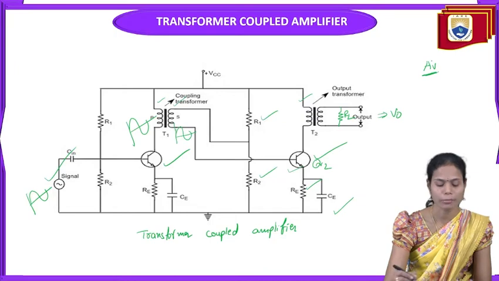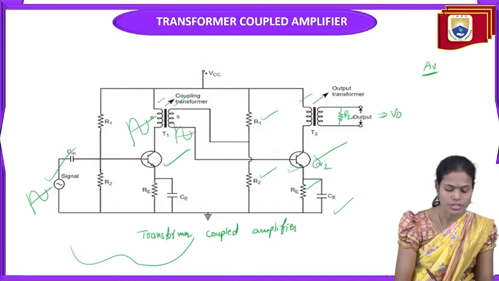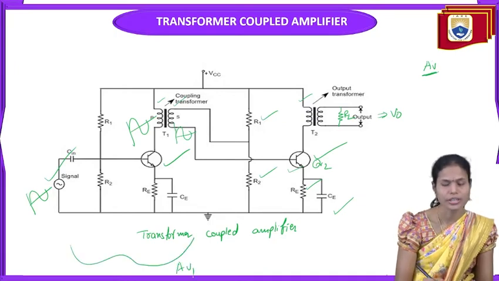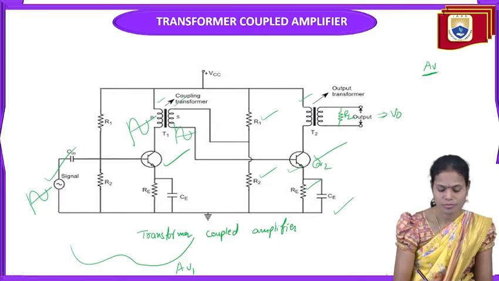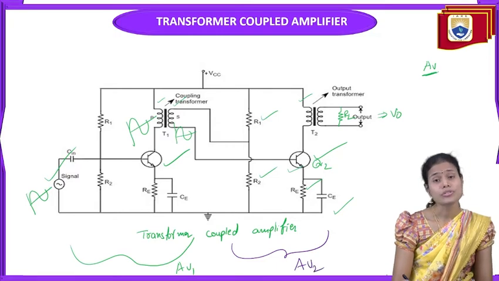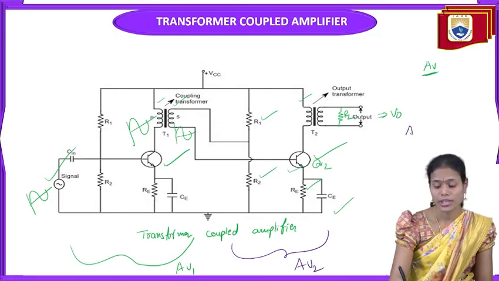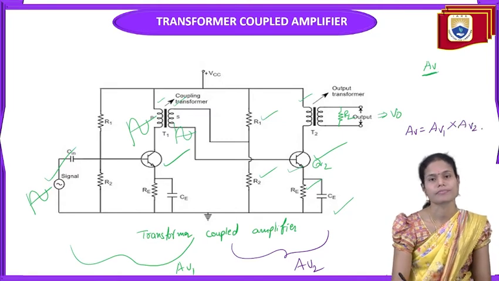Stage 1 gives one voltage gain AV1, and the second stage provides AV2. So the overall voltage gain AV of the transformer coupled amplifier is the product of the gain of the first stage and the gain of the second stage.